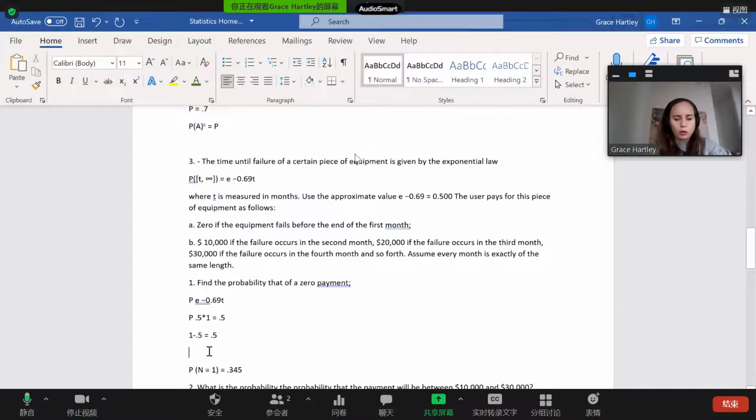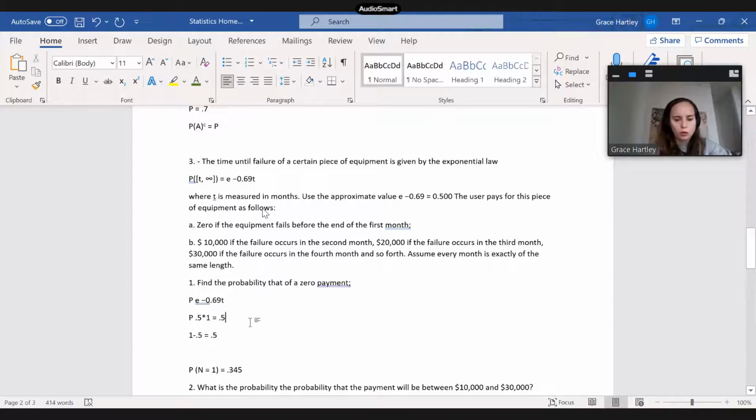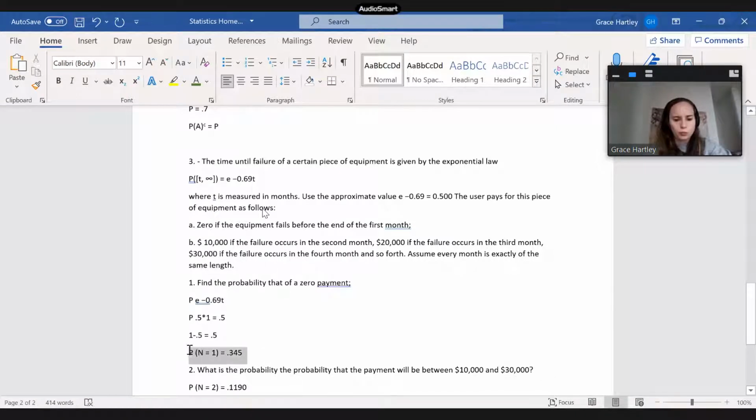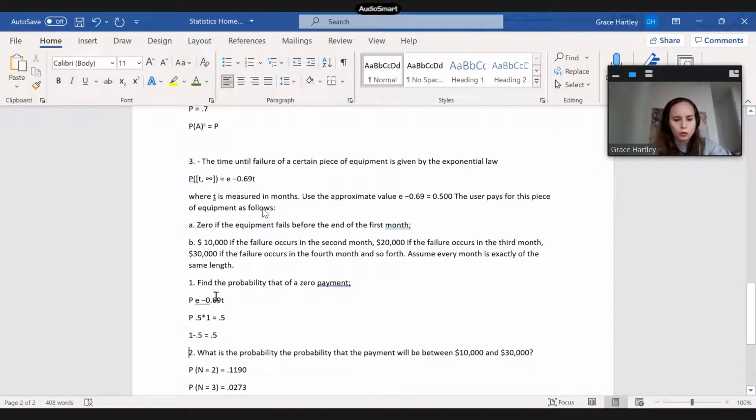Yes, you read in the prompt where t is measured in months, use the approximate value e to the negative 0.69 equals 0.5. So I'm just plugging in t equals 1, right? So e to the negative 0.69 is 0.5, we already know that, times 1 is 1 month. But you should understand why I plug in t equals 1.